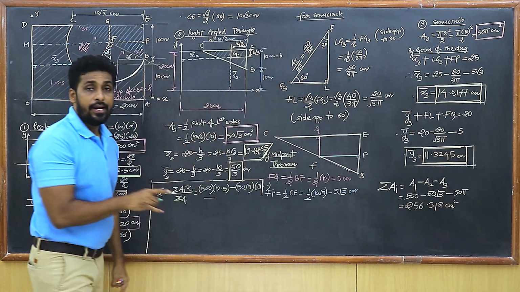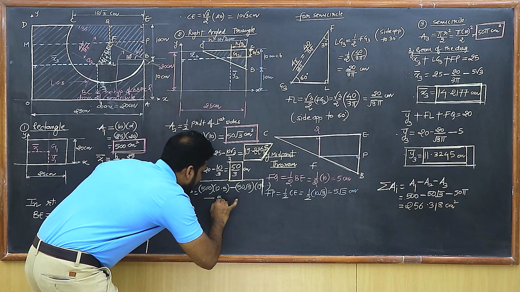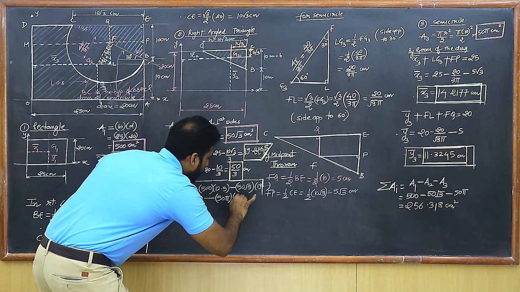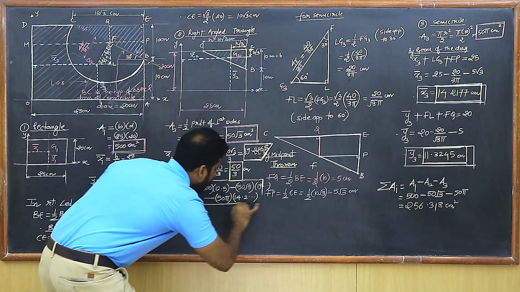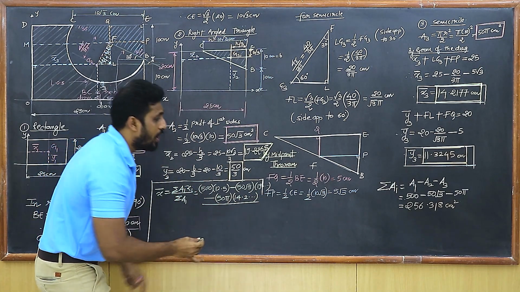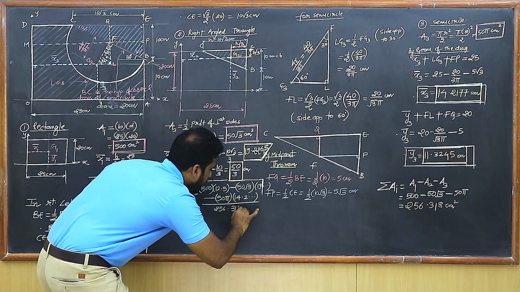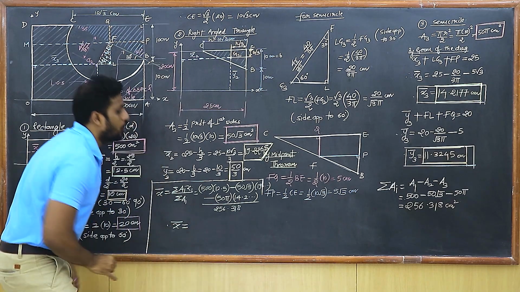So that's 50 pi into 14.2177, that's X3 bar, upon summation of AI. What's that value that we have got? It is 256.318. So obviously I will be doing the calculations for X bar over here.